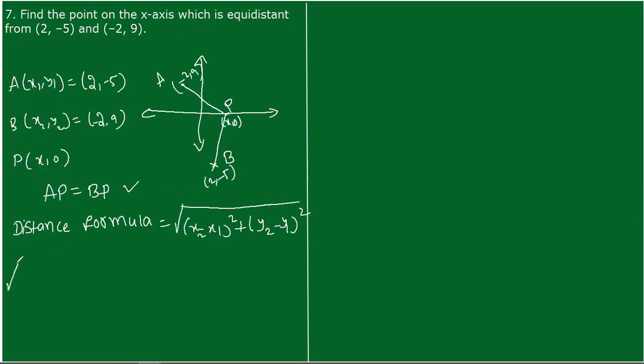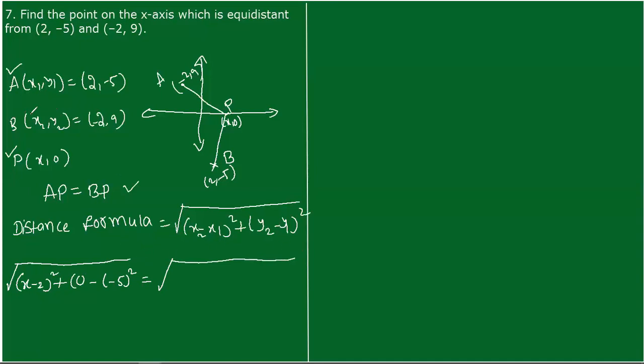So here, under root of, here I can write AP. We should consider this A point and P point. So here I can write (x minus 2) whole square plus (0 minus of minus 5) whole square. This is AP. Now let's come to BP.